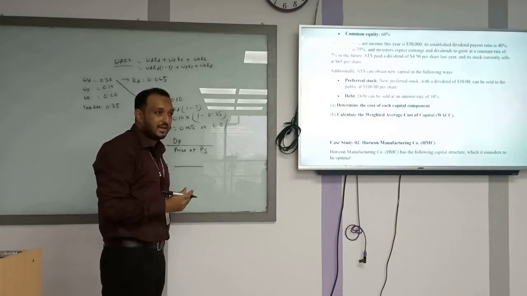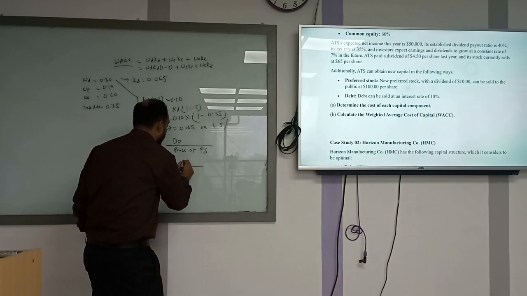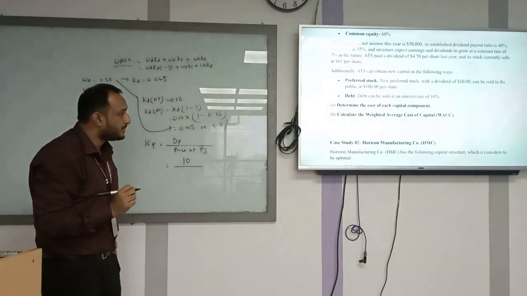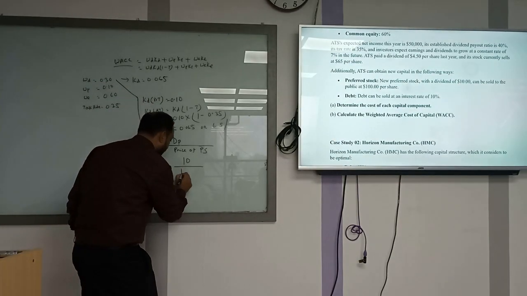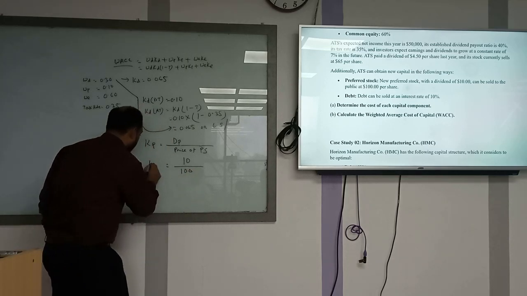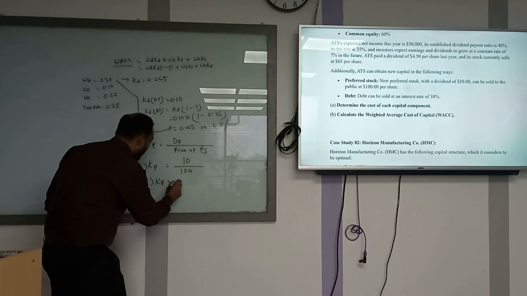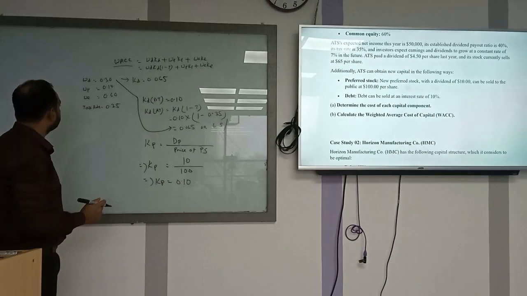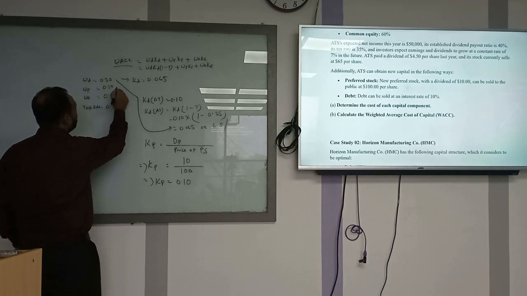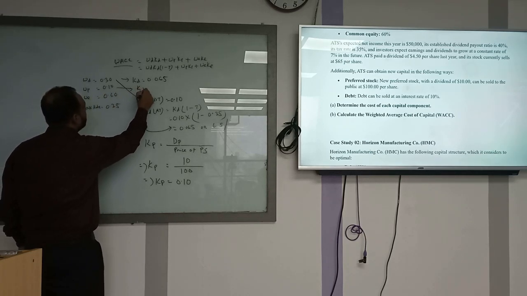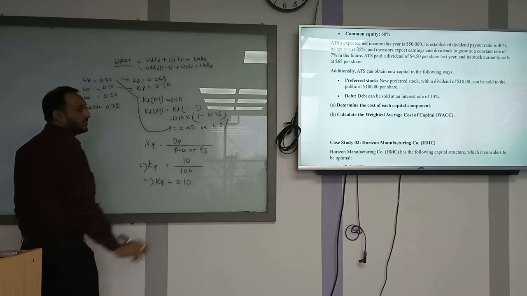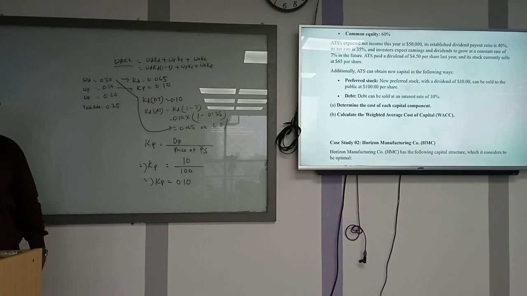So the dividend is $10 and the price is $100, so just divide. KP is 0.10, right? The weight of preferred stock is given, and you have just calculated KP, that is 0.10. Clear?